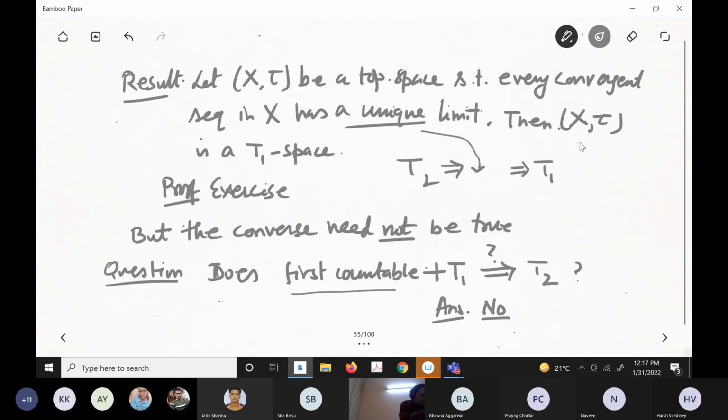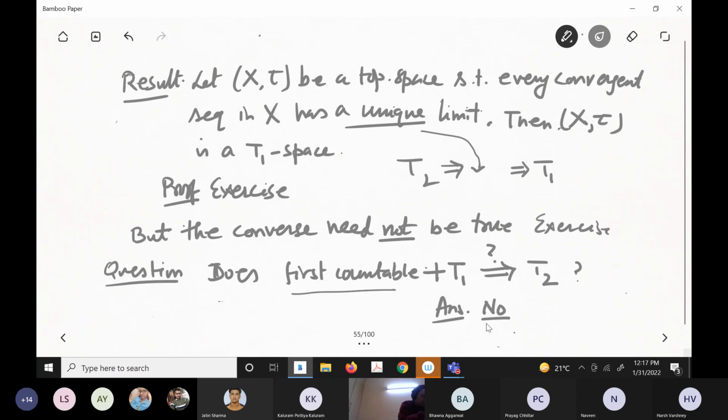Then (X, tau) is a T1 space. Look at the cofinite topology. It's a T1 space. That also has a unique limit because every convergent sequence is eventually constant. But that is not first countable. So here I'm giving you two exercises. This is also an exercise.